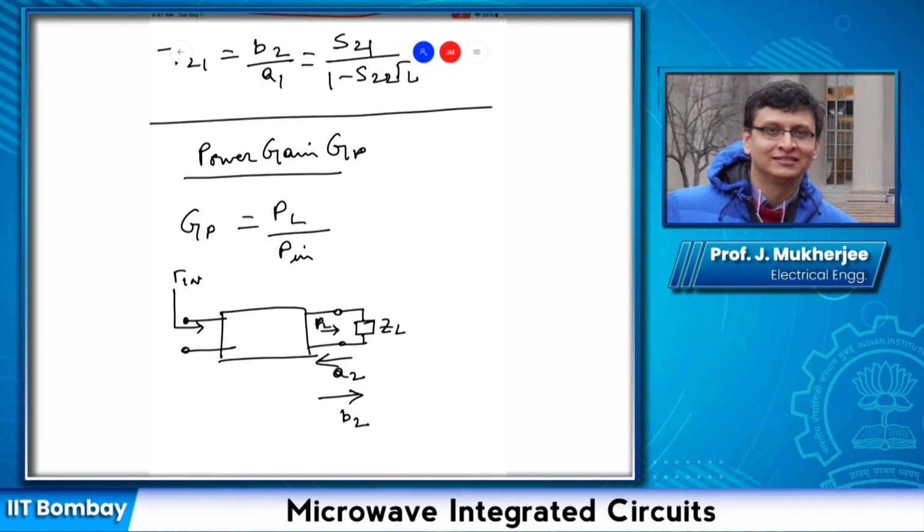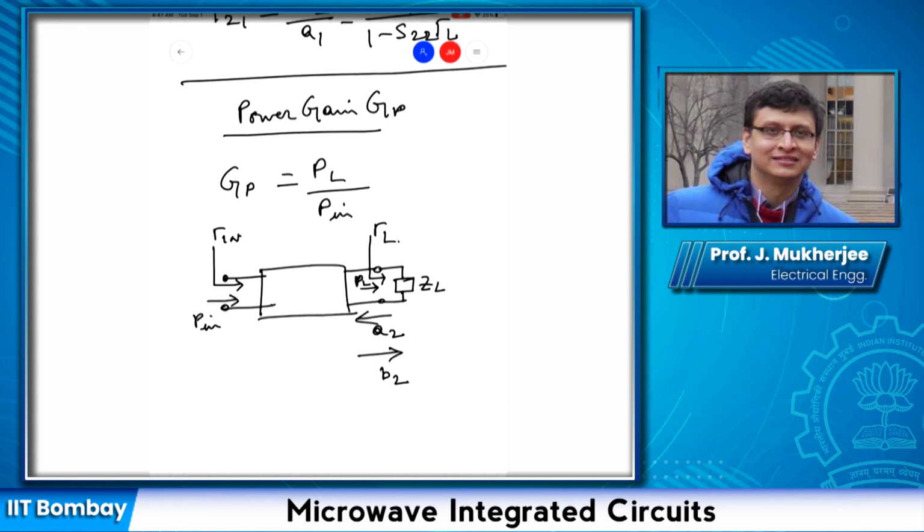PL is the power delivered to the load. Gamma L is the load reflection coefficient. P in is the power entering the network.